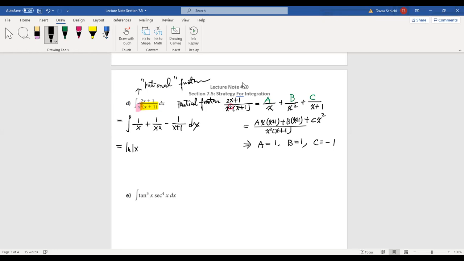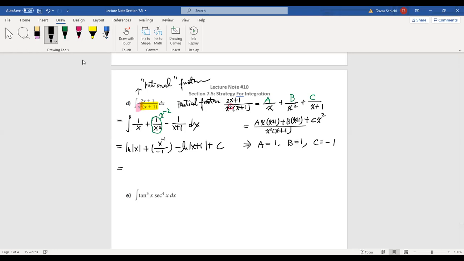Natural log of x. What is 1 over x squared? This is a power rule, right? So this is x to the -2. Using the power rule, it will be -1 times x to the -1. What is this one here? This is natural log, so natural log of x plus 1, plus C here, right?